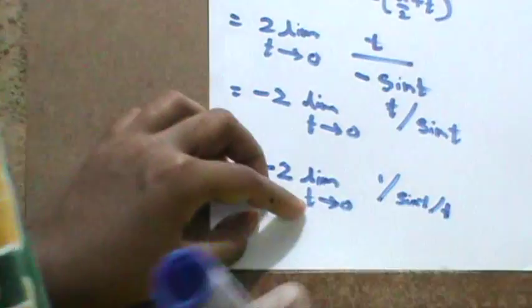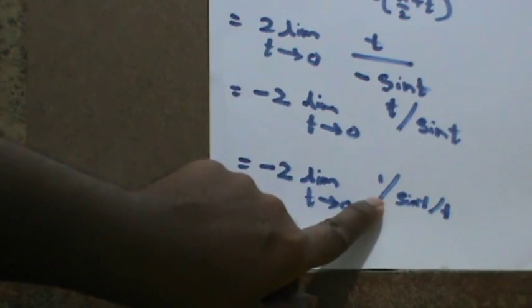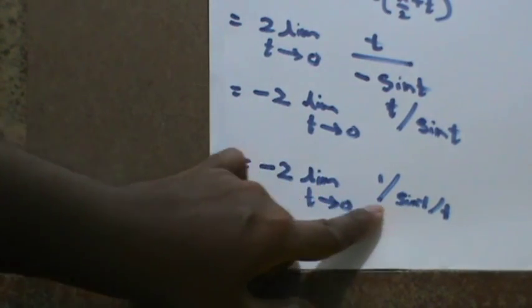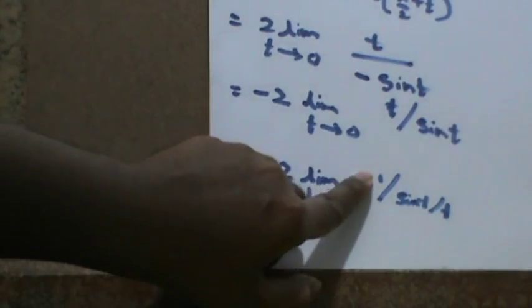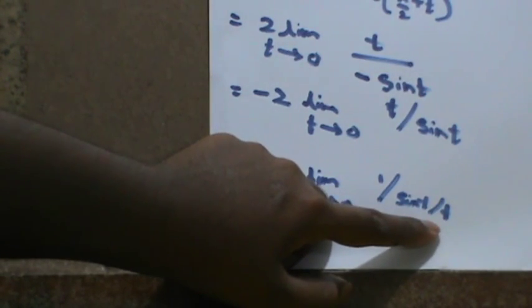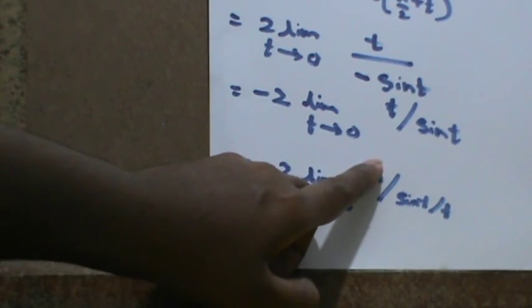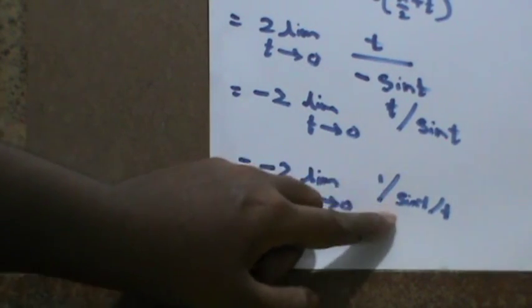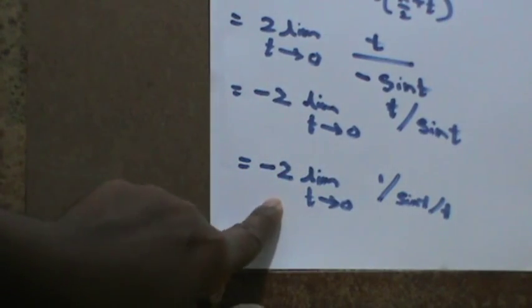That will be minus 2 times the limit t goes to 0 of 1 upon sin t by t. You can take the limit of the numerator as well as the limit of the denominator. When t goes to 0, 1 will be 1, and when t goes to 0, sin t by t will also be equal to 1. So the numerator is 1, the denominator is also 1, so 1 divided by 1 is again 1, that multiplied by minus 2 is finally minus 2.